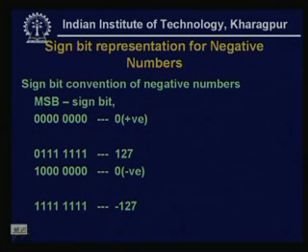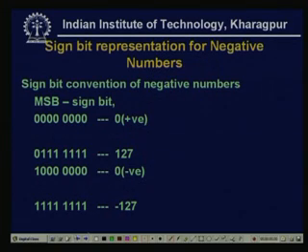Now, the sign bit convention of negative numbers: normally we take the MSB as the sign bit. See that if I want to represent, say, 8, we know the binary of 8 is 1000. If this is plus 8, so this is a 4 bit representation of 8. If it is plus 8, I am taking another MSB, it is 0 1000.